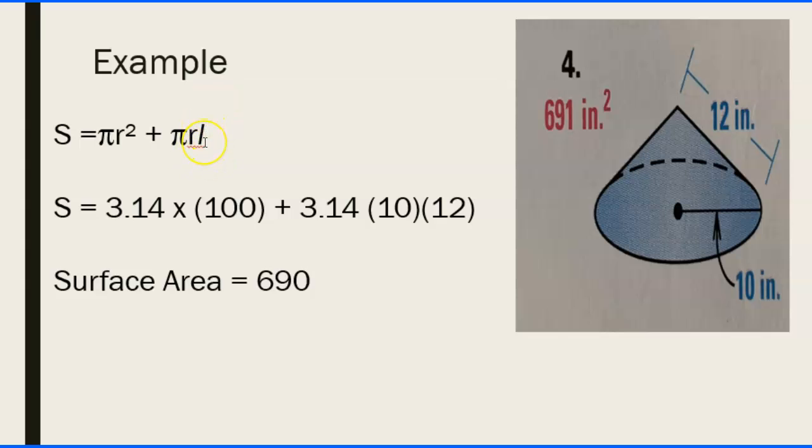Remember the little L, the italicized L represents slant height. So we'll plug everything in. So here my radius is 10. 10 times 10 is 100. 3.14 times 100 plus 3.14 times 10 times 12. And your area is going to come up to 690.